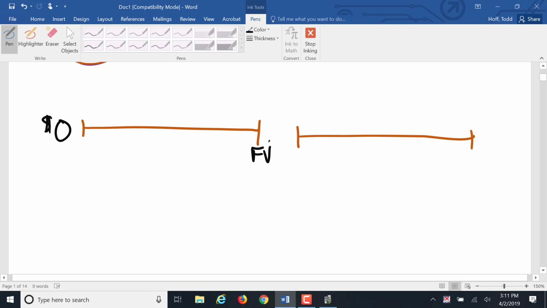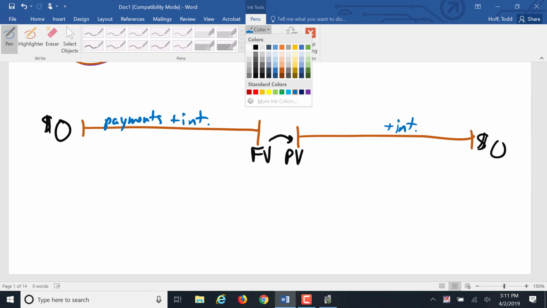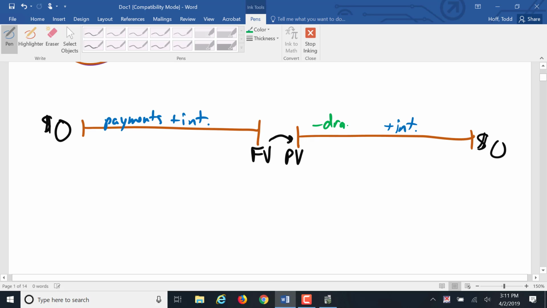That future value then becomes the present value of that liquidation stage that pays down to a zero balance. And of course, in between both of them have the payments and interest going in, and over here interest is going in, but draws are coming out, payments coming out basically.